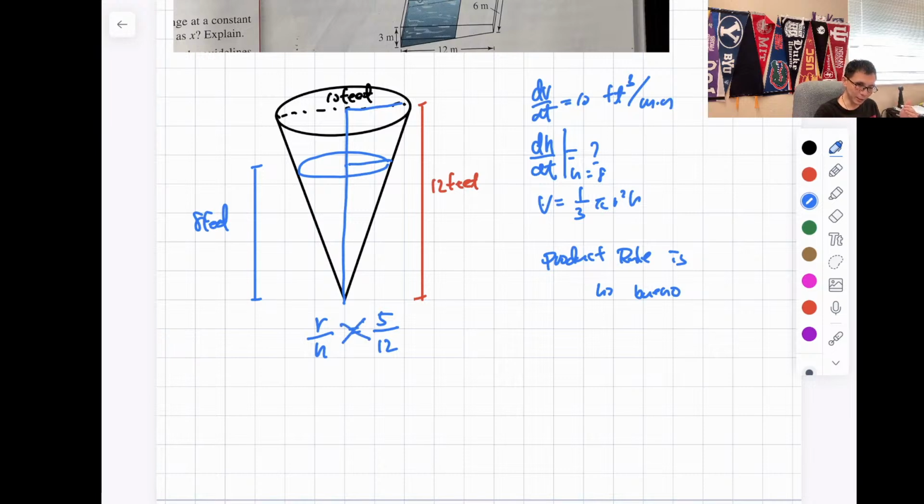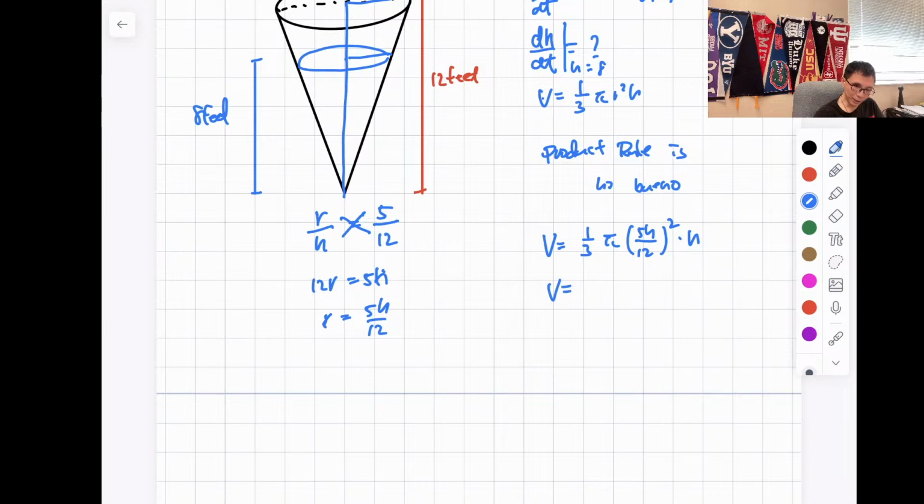That gives 12r equal to 5h, so r is equal to 5h over 12. Why is that important? Because you just reduced 2 variables into 1. So r squared becomes (5h over 12) squared times h.